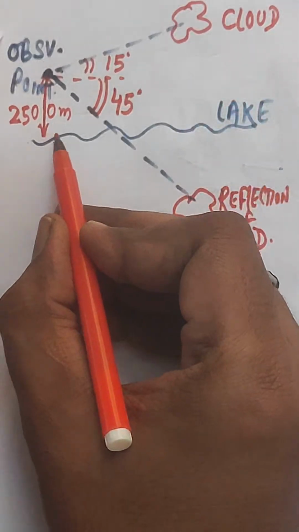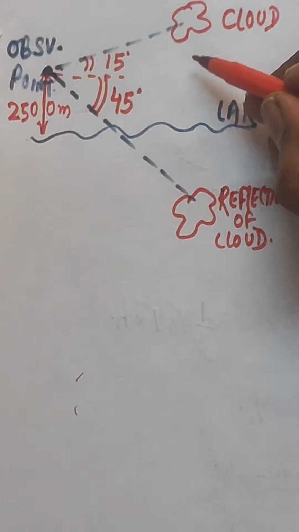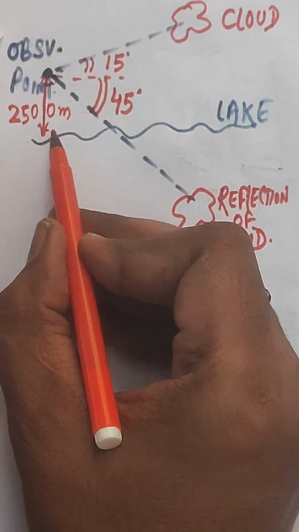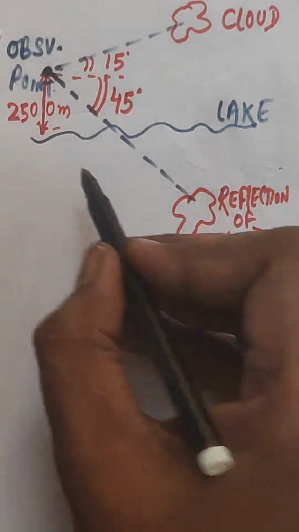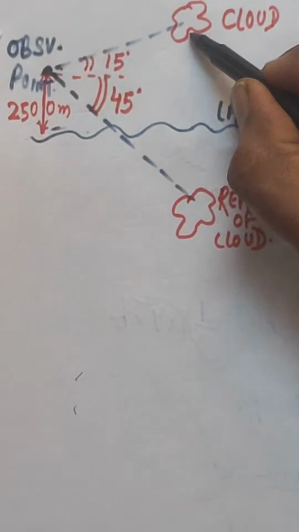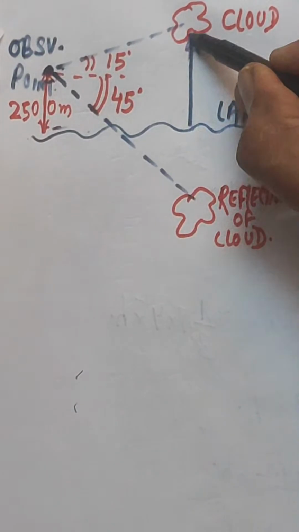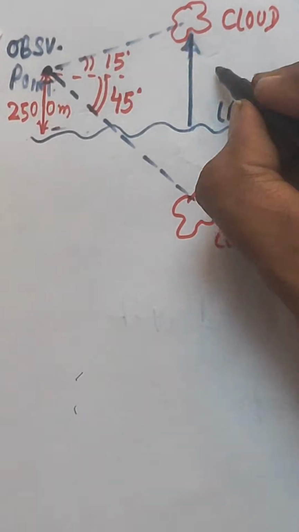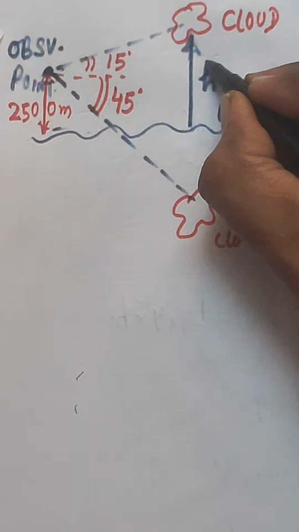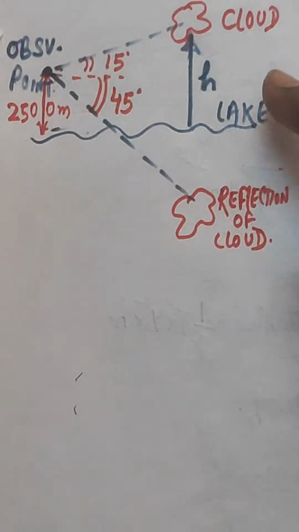Considering the lake as a straight line, what is the height of the cloud from the lake that needs to be found? Let it be h.